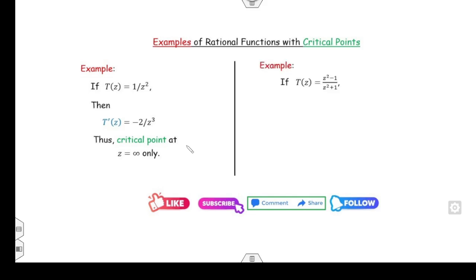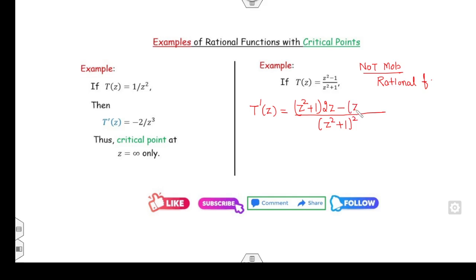Look at the second case. If you have (z square minus 1) over (z square plus 1), again this is not a Mobius transformation, but yes, this function is a rational function. Fine. So can you find the value of t dash? Again you can start with u over v. It is v square, then z square plus 1 into 2z, minus z square minus 1 into 2z.